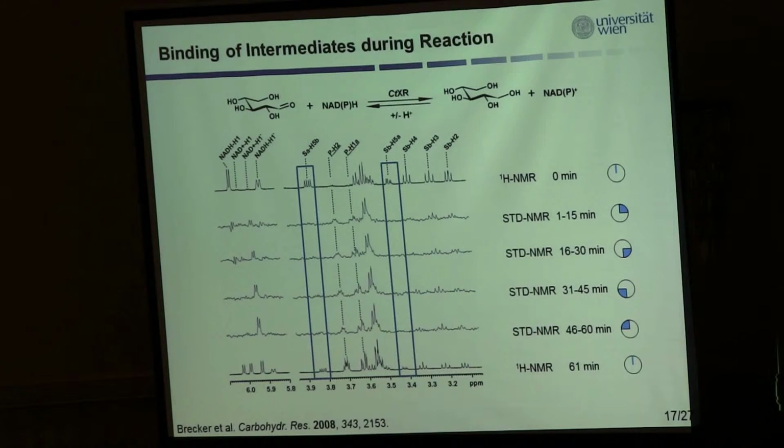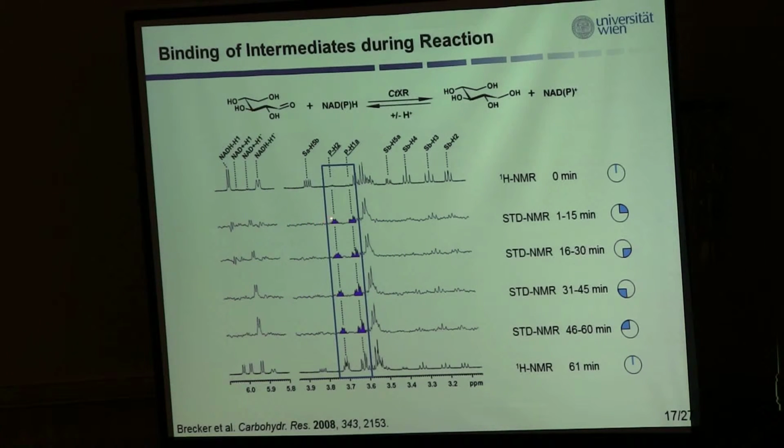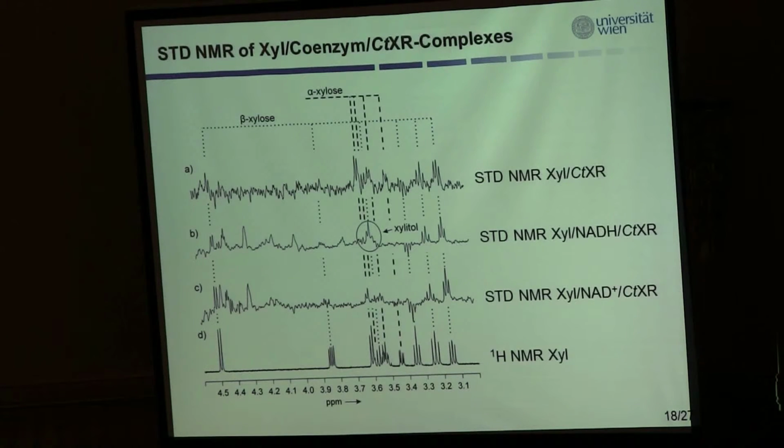And the same we have here for the substrate, where we have by far no signals, but here we have the product signals, and even at the very early beginning, we have good STD, and this is the product which is released for the first time from the reaction. Then we did several studies on it, and I don't want to go into detail.